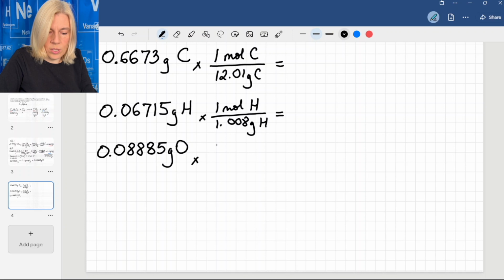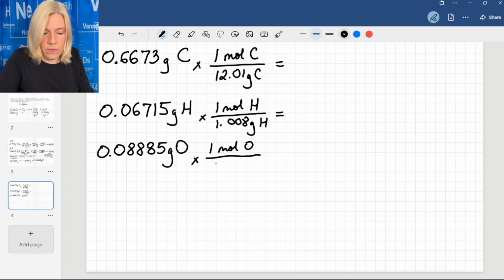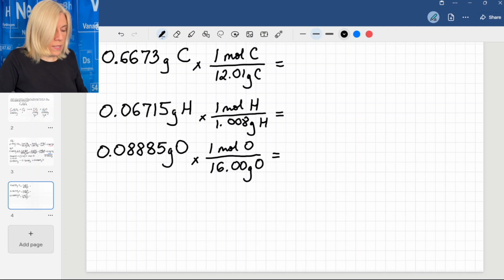And for my oxygen, 1 mole of oxygen is like 15.999, so I'm going to use 4 sig figs, 16.00 grams of oxygen.